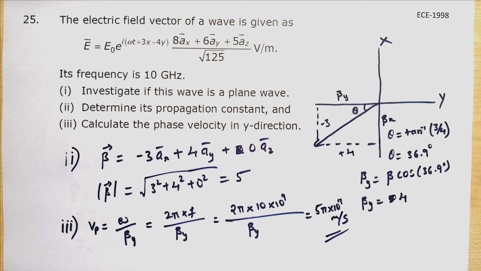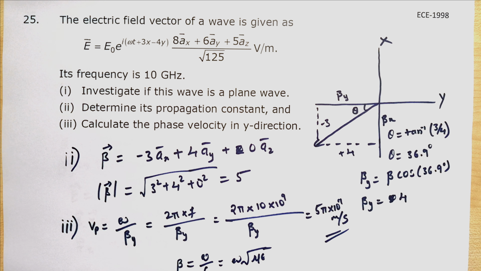There is one more way in which we can solve this, where the propagation constant can be given by beta equal to omega by c, or omega root mu epsilon. But in the given question, there appears to be no mention of any medium.